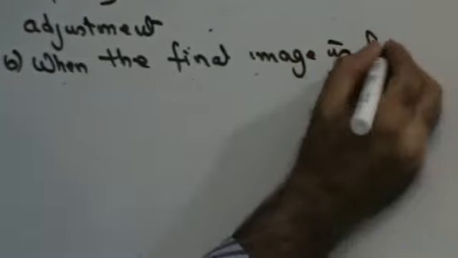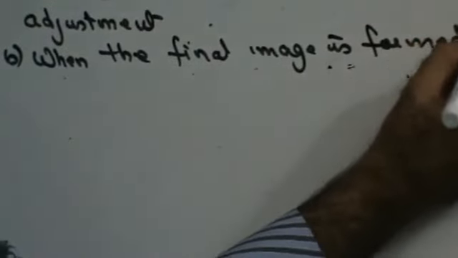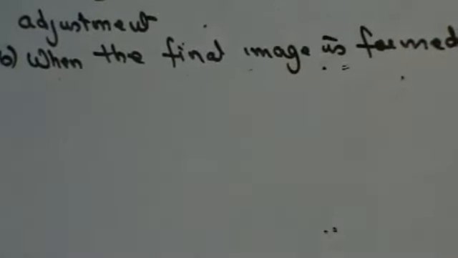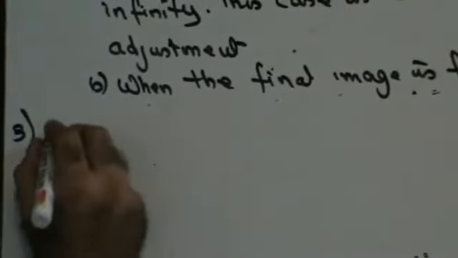And second is when the final image is formed at DDV, at distance of distinct vision, right? Now let's see the two methods of working of the telescope. First, I wanted to know what are the two types. Now I'll explain each type in detail. First, let's see the normal adjustment working.